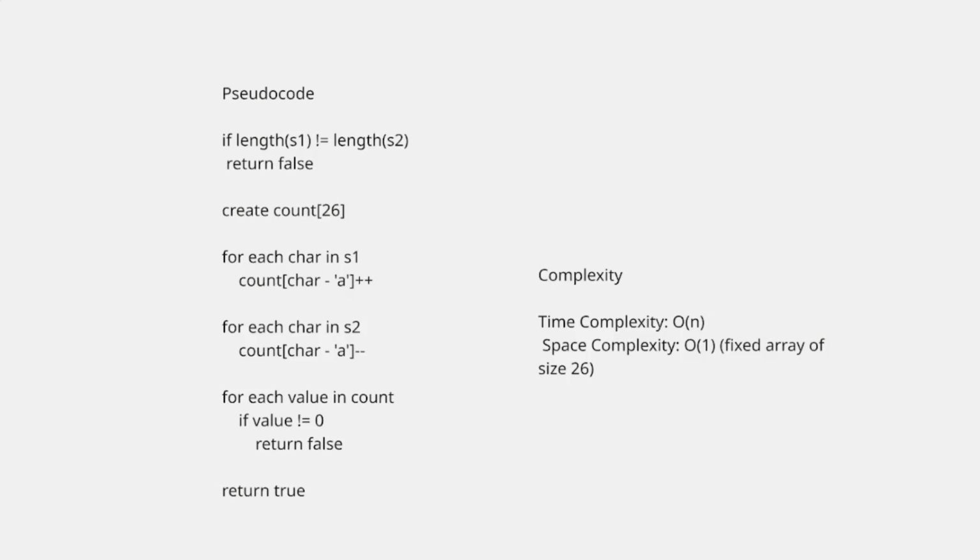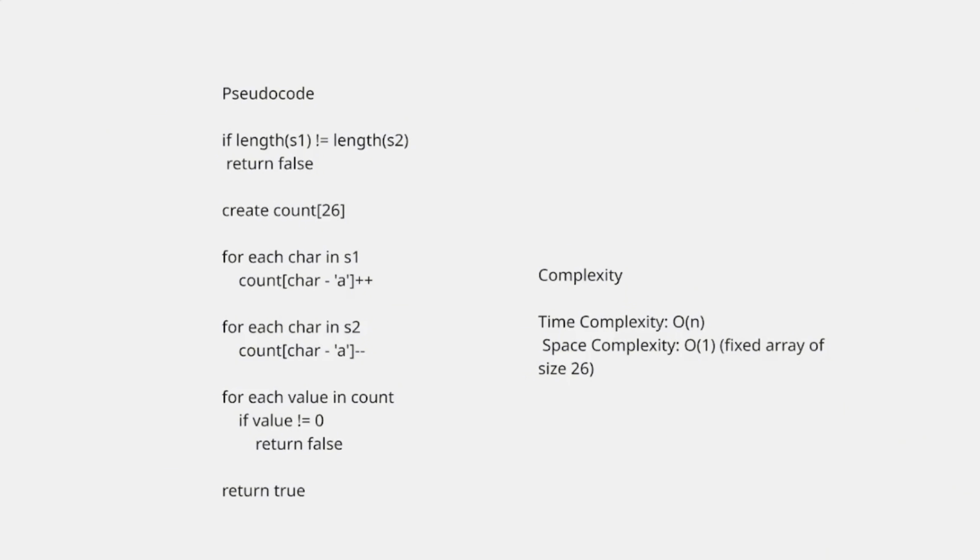If it's not, we just return false. Then create an array and declare its length as 26, because our characters are A to Z, we have only 26 characters. We are going to take only lowercase, not uppercase. If we give input in uppercase, we'll convert it to lowercase and do the further process.